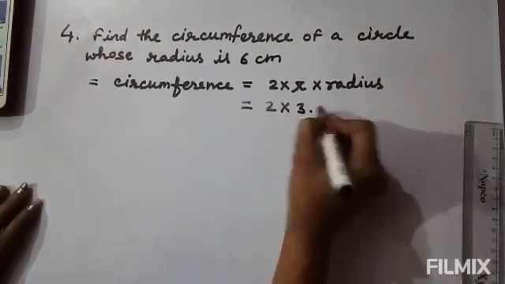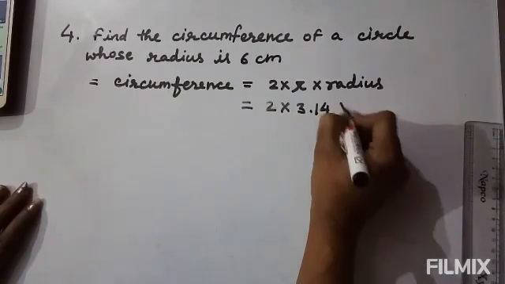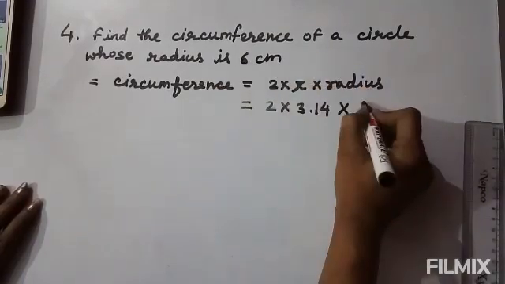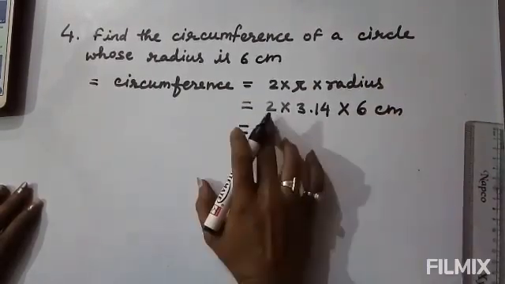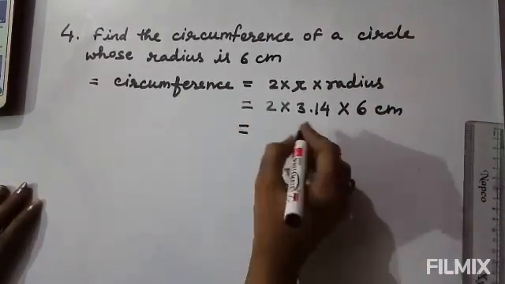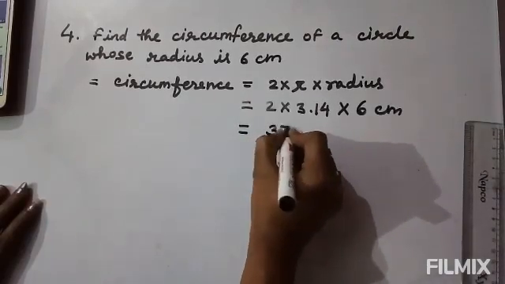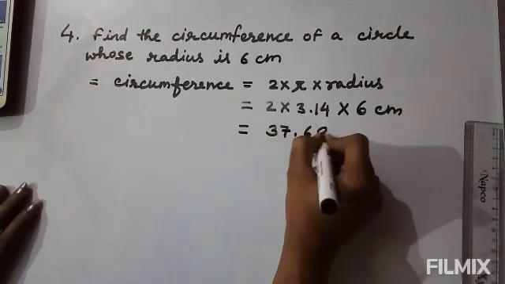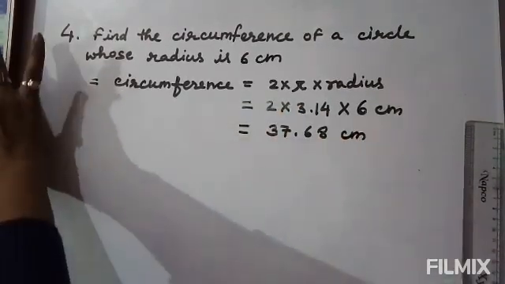Here I will take the pi value 3.14. Multiply, radius is given 6 cm. Here we will multiply, 6 2s are 12. So that answer will be 37.68 cm. You can multiply in the rough work, then solve it.